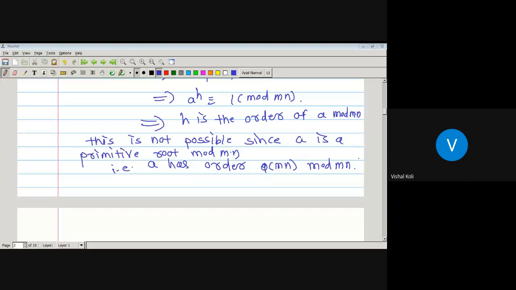As a is a primitive root modulo mn is a wrong assumption, then what will be the correct statement? The integer a is not a primitive root modulo mn. That is, there is no integer which is a primitive root modulo mn.